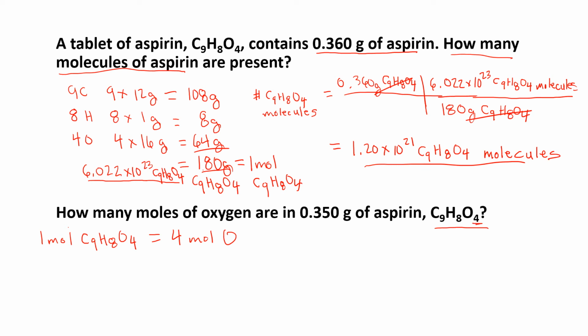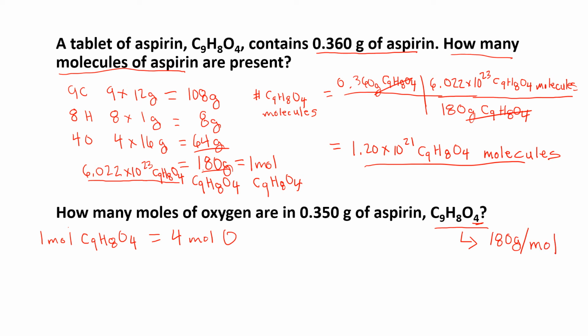See the 4 right here? That's where I get it from the formula. So for 1 mole of C9H8O4, I'm going to have 4 moles of oxygen, right? So I know that the molar mass for aspirin I calculated in the previous problem to be 180 grams per 1 mole.